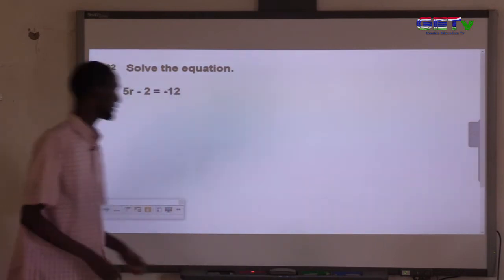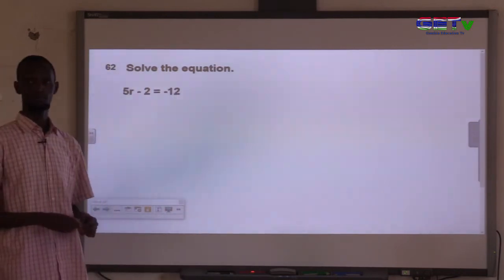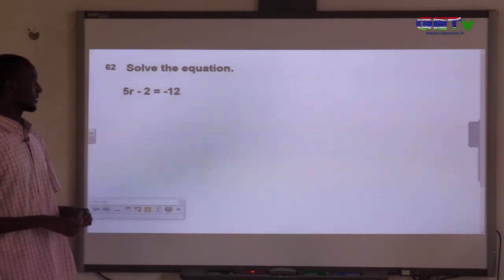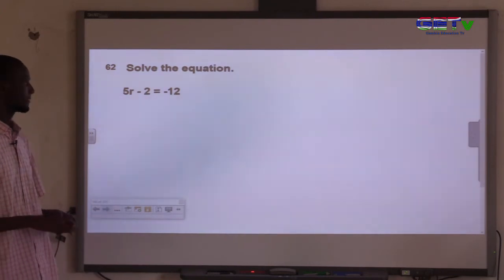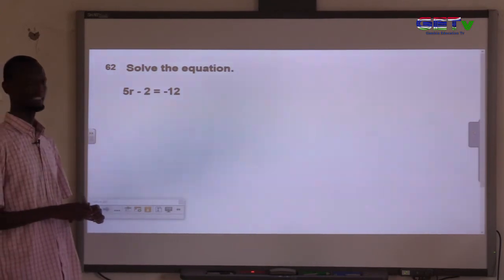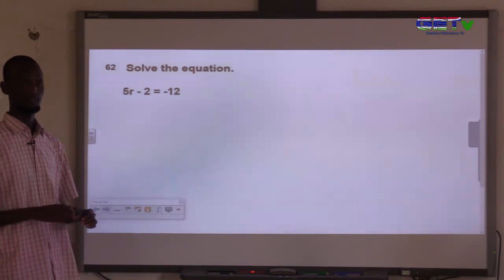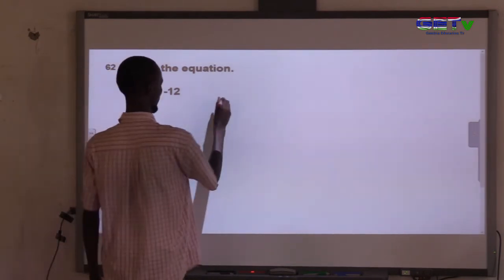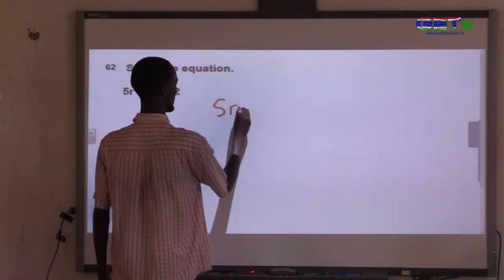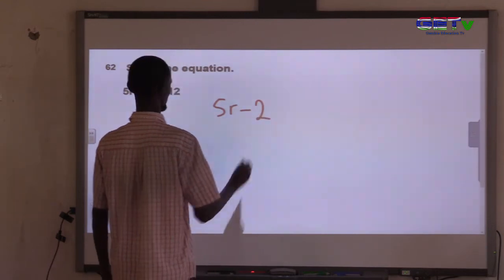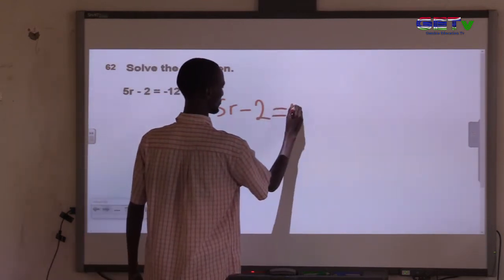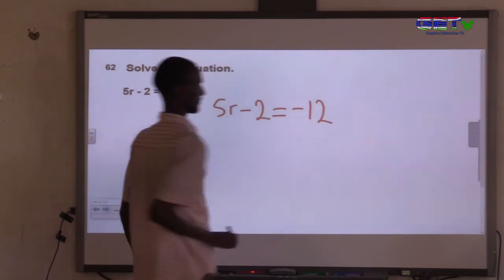Now on to our next question. And that is 5r minus 2 is equal to negative 12.